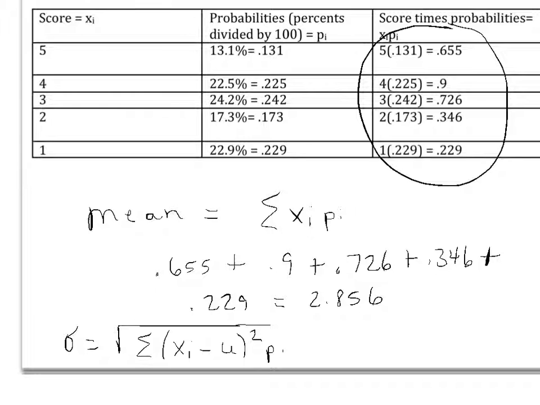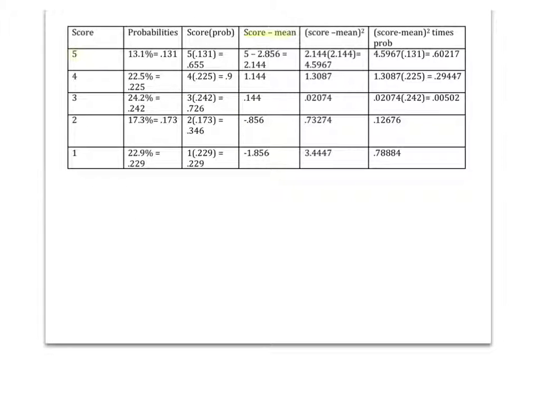So to find the standard deviation, we're going to add some columns to our table. This table is showing the score column, the probabilities column, the score times probabilities column, and then I have added 3 more columns.